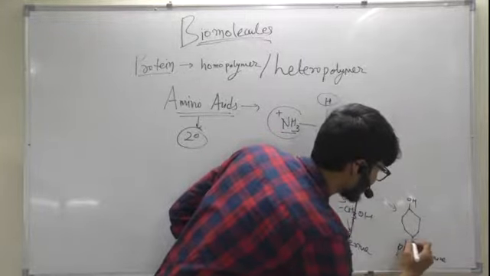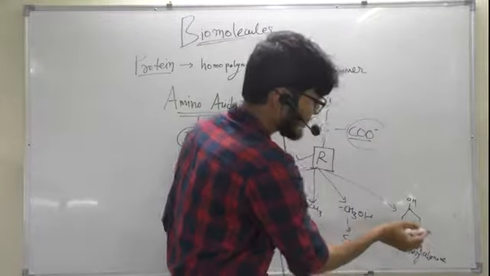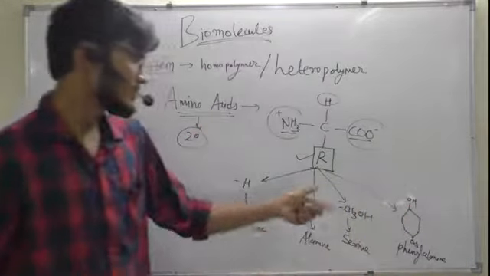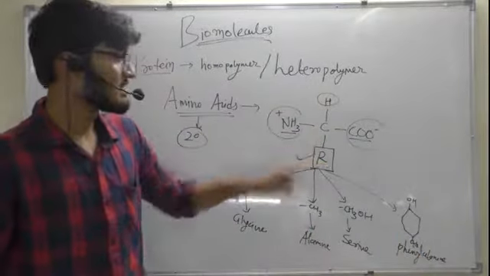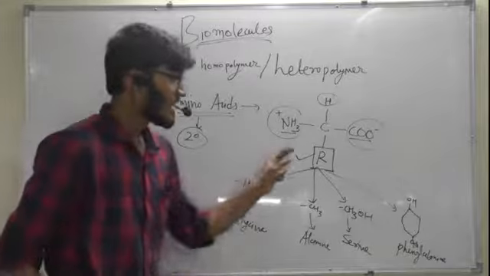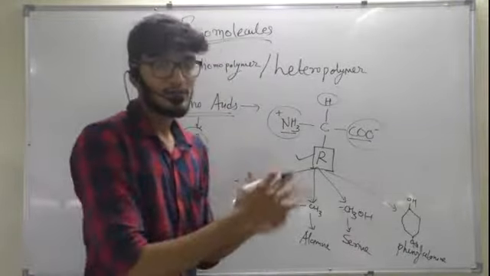Here it will be CH3 joined with this, so CH3, an aromatic ring, and then it will be linked to the OH, and here it will be linked with the carbon atom. So the R moiety determines the different types of amino acids.